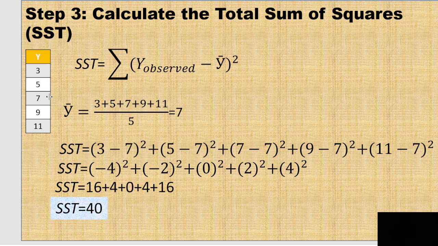So that is equal to 7. Then we just substitute into the formula. Our y observed is 3 and our y mean, y dash, is 7. So our SST here is equal to 40.